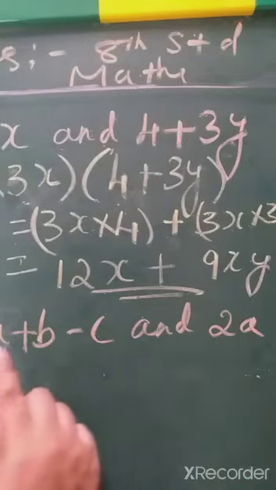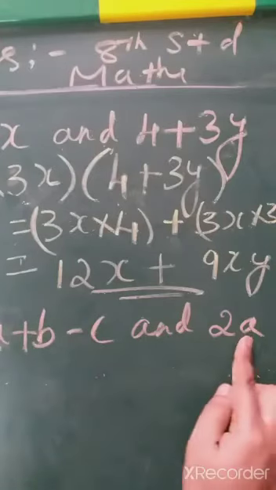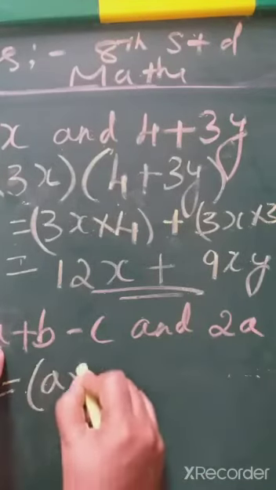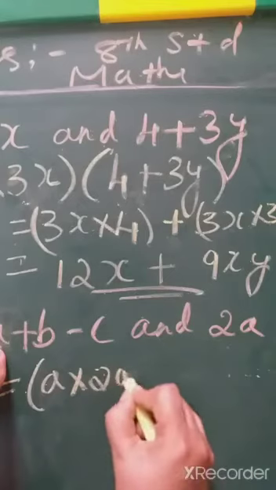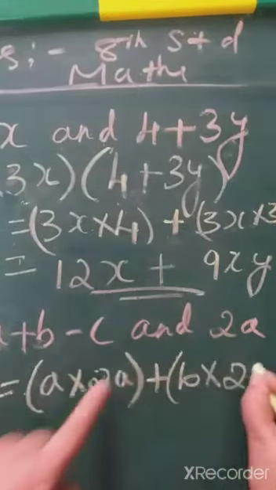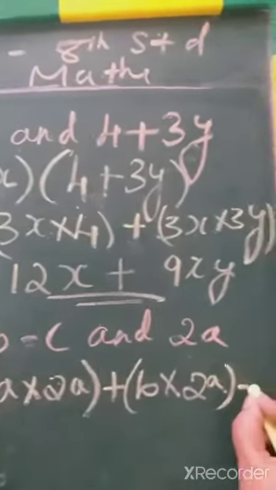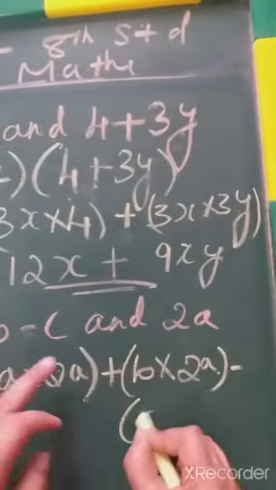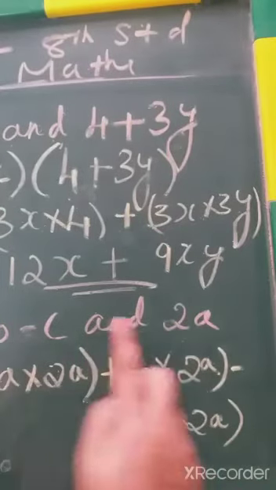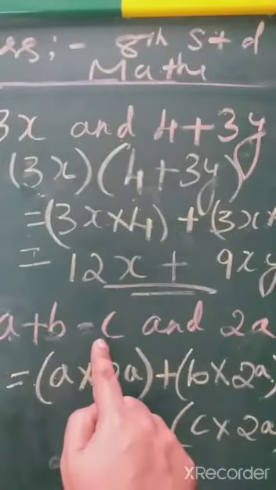So 2a into a plus 2a into b minus 2a into c, or we can say a into 2a plus b into 2a, monomial with each term, then here minus, so we write minus symbol, then c into 2a.